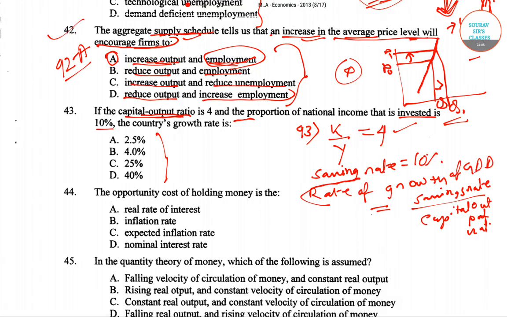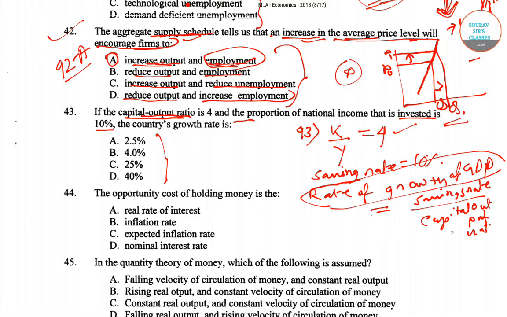The rate of growth of GDP is given by the saving rate divided by the capital to output ratio. So here it will be 10 by 4, which is 2.5%. So for this, the right answer would be option A. For question number 43, the right option is option A.